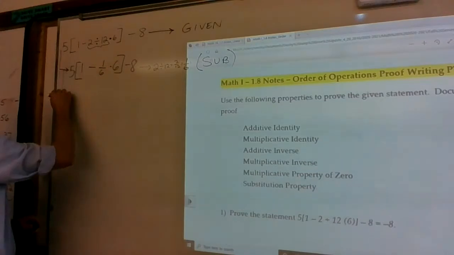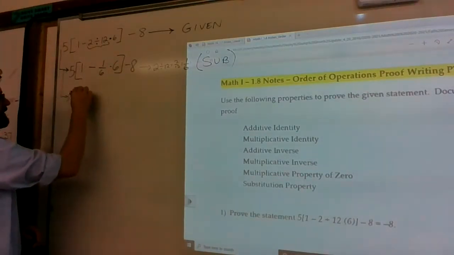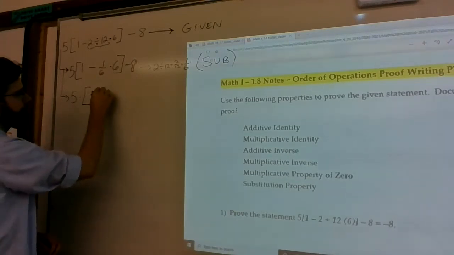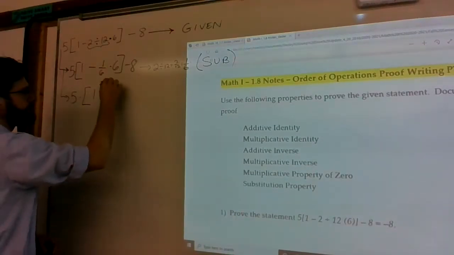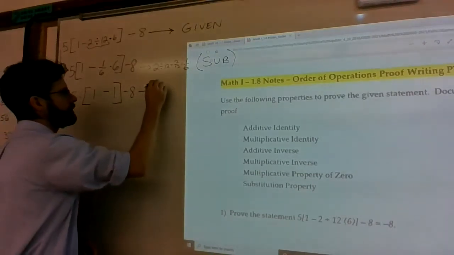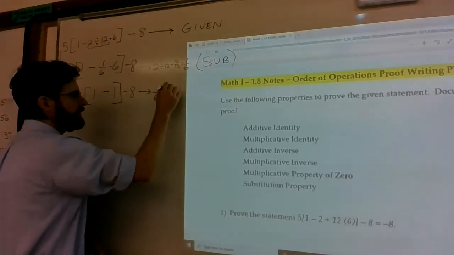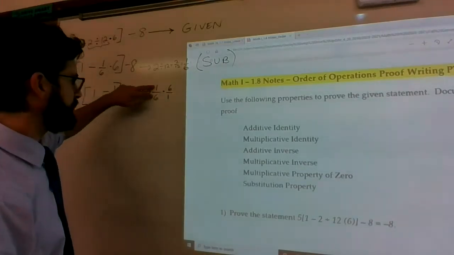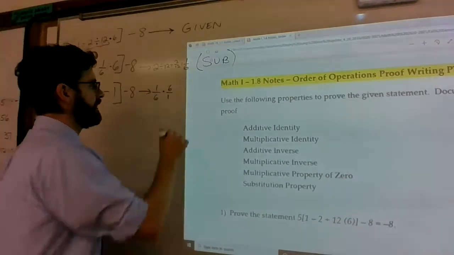All right, my next move is, there's a 5 here, 1 here. 1/6 times 1, well, that's 1. When you think about it, 6 is 6 over 1. You're multiplying reciprocals together.